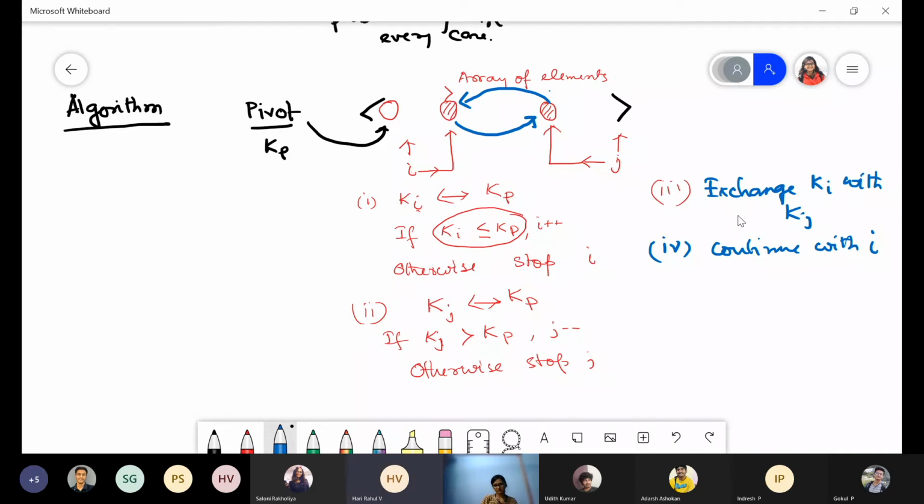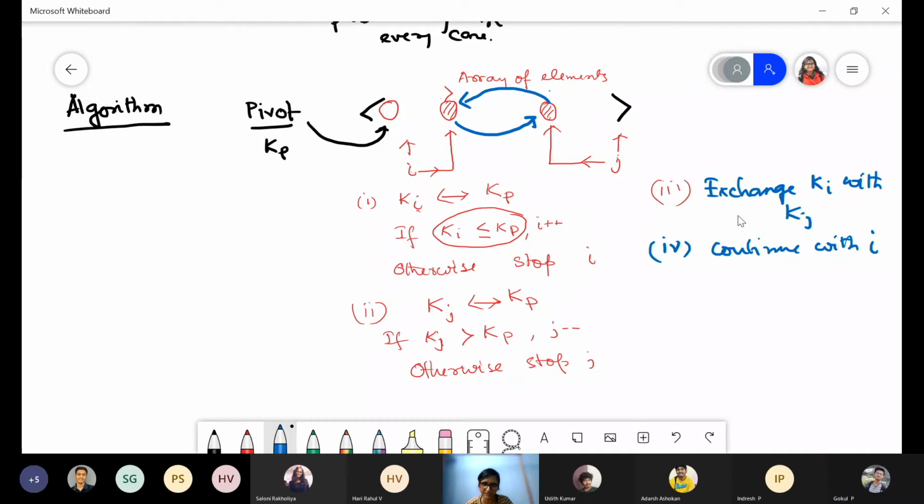When J is greater than I. Okay, yeah, J is less than I, no? Until J is greater than I, still continue. J is always greater than I, so here J is less than I is the condition.